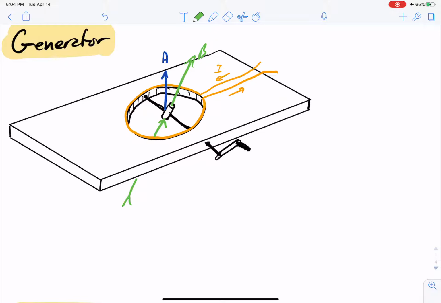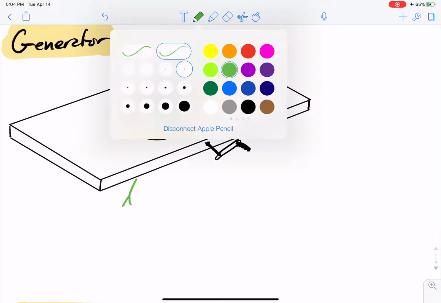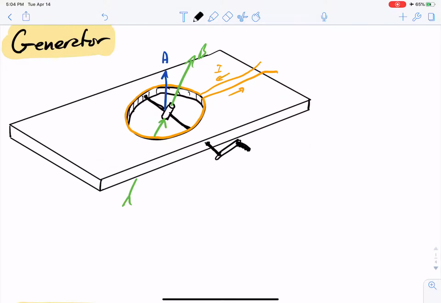Okay, now if we rotate this magnetic field, then the flux going through that loop will change. And so we'll end up with some induced EMF on this, like a battery pushing the current in that direction.